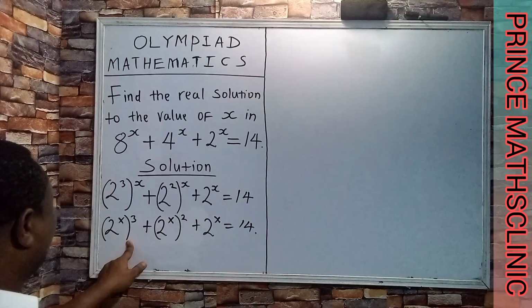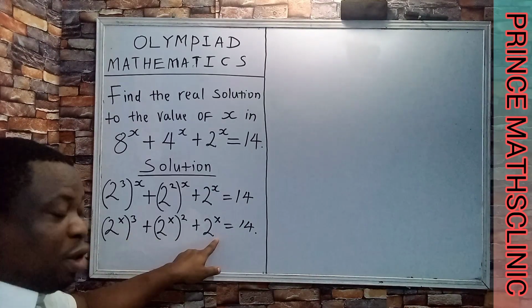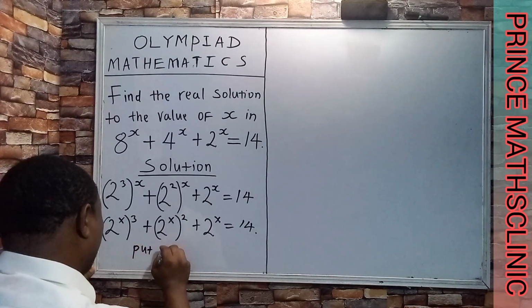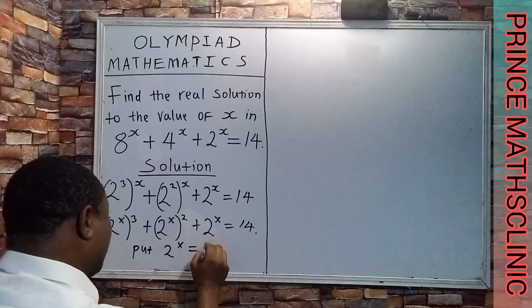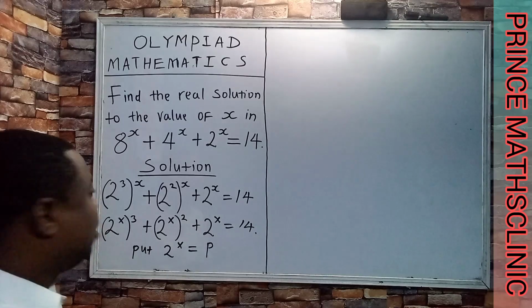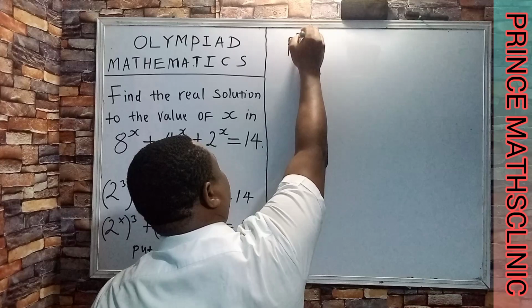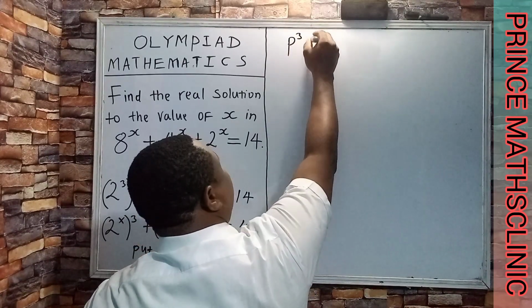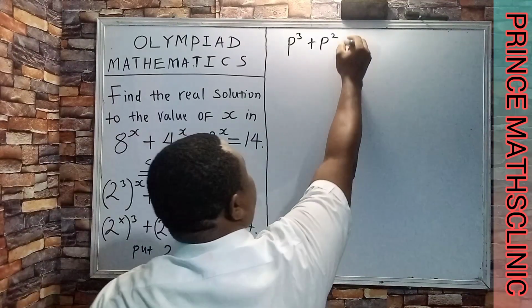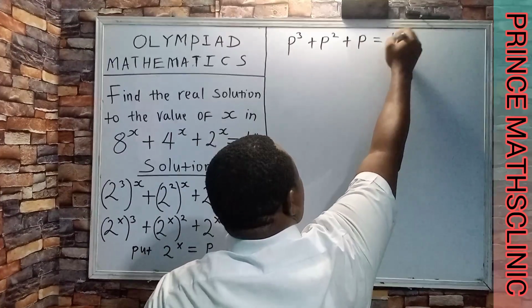Now that I have 2 to the power of x in all the terms, I am going to put 2 to the power of x equals to p. I'm going to say 2 to the power of x is now p. So therefore, this will become p cubed plus p squared plus p, all equal to 14.